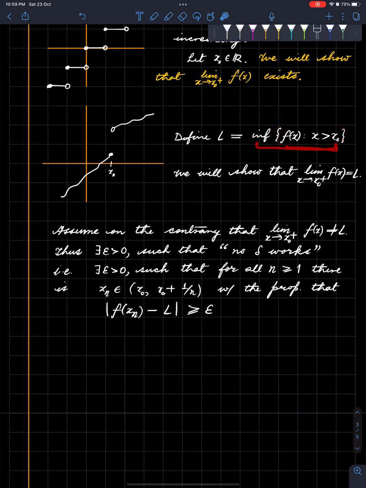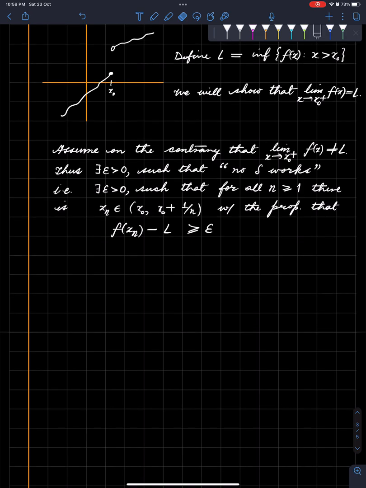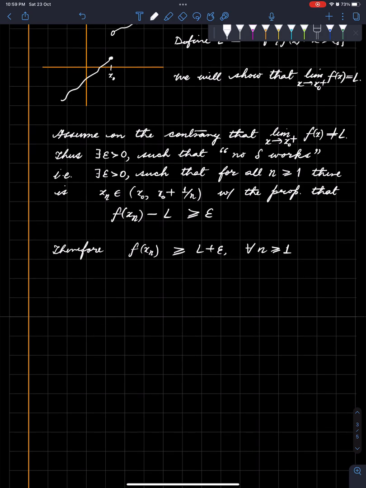So this infimum cannot be greater than f(xn), which means L is at most f(xn), and hence this absolute value can actually be dropped. Therefore, f(xn) is at least L plus epsilon for all n.